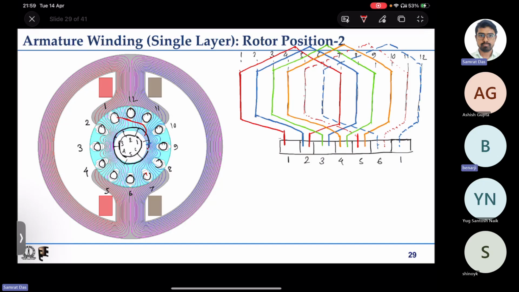Under slot number three, give the commutator segment as one, sir, followed in anti-clockwise direction.